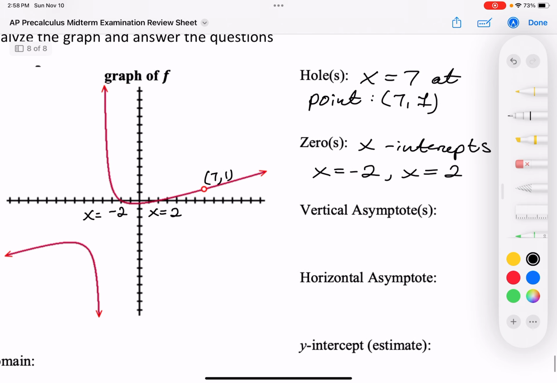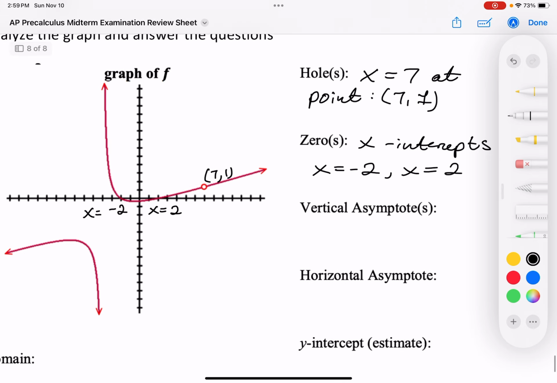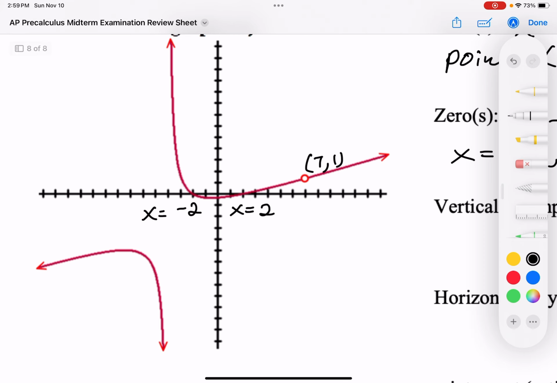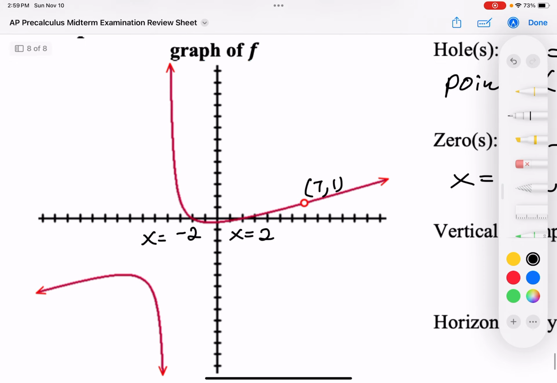Now for the vertical asymptote, that is a vertical line that the function approaches on both ends, but does not touch nor cross that vertical line. It's not visible in this graph, but if you look at x equals, I want to say -4. I'm going to put that in red and draw a dashed line.